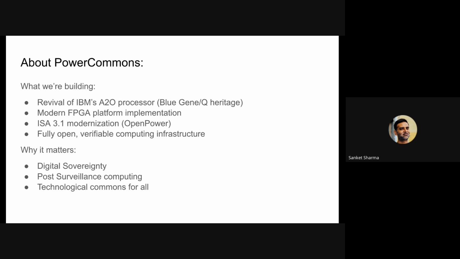And then the idea is to be fully open and verifiable all along, so at any point in time, all the source code that's developed as part of this community is going to be open. You can verify it however you want. There's a whole bunch of other projects in the periphery that we've discussed and will be undertaking as and when time and resources permit.